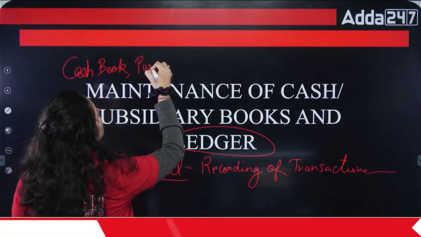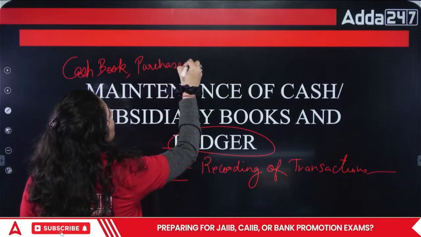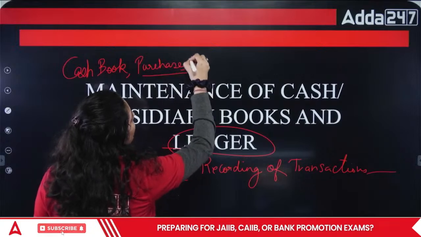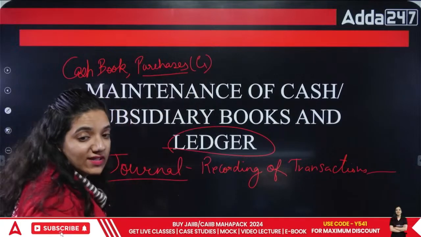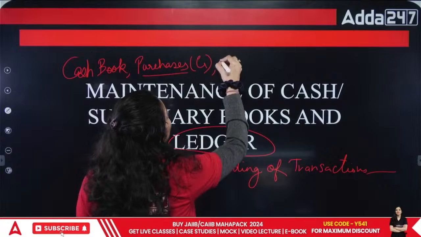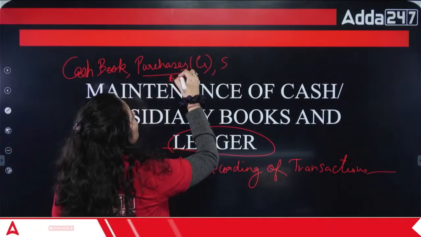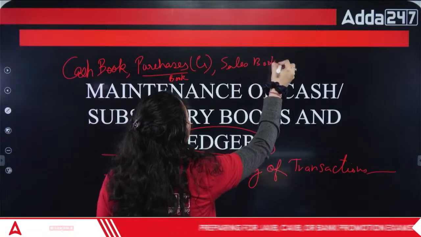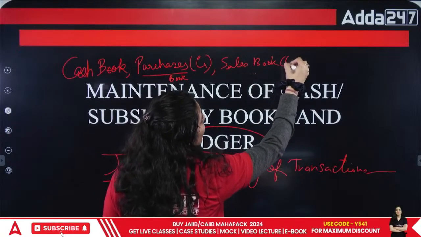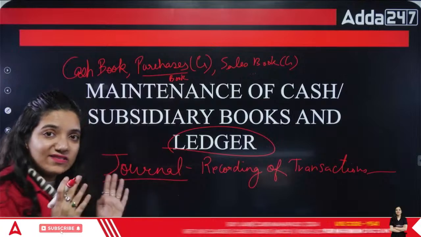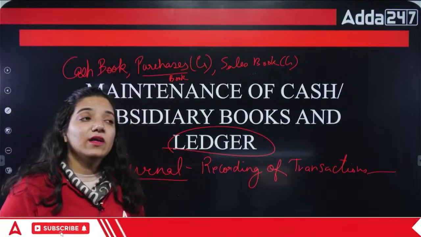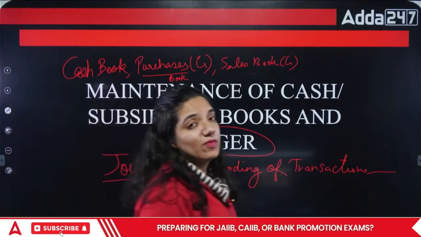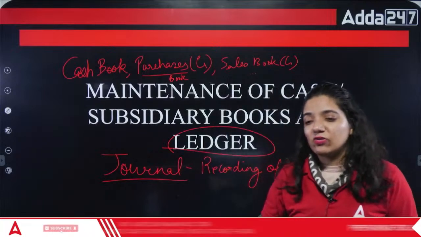Purchases which are on credit would be included in the purchase book. The next book is the sales book, which records everything on credit. That means sales return, purchase return, bills receivable, bills payable. In this way, all these things are recorded under this area.